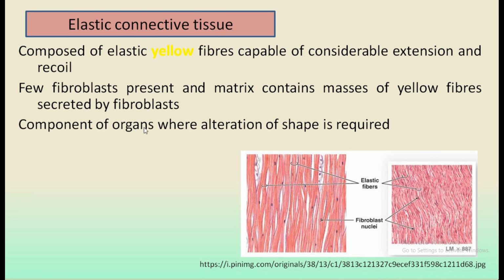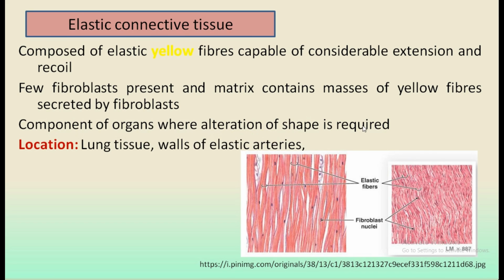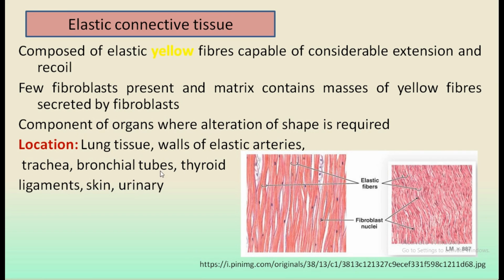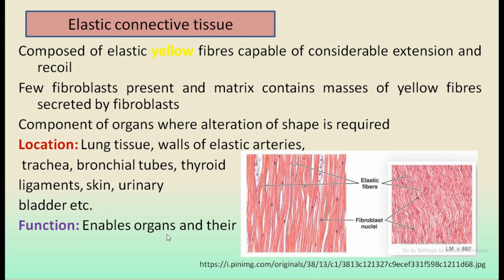These are components of organs where alteration of shape is very important, for example, in lung tissue, walls of elastic arteries, trachea, bronchial tubes, thyroid ligaments, skin, urinary bladder, etc. The function of elastic connective tissue is to enable the organs and their parts to stretch and contract.